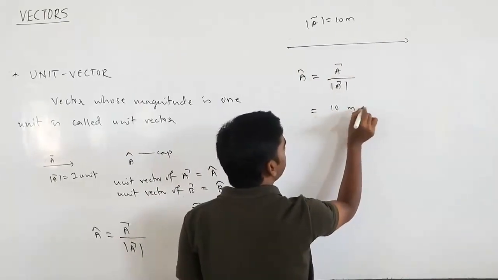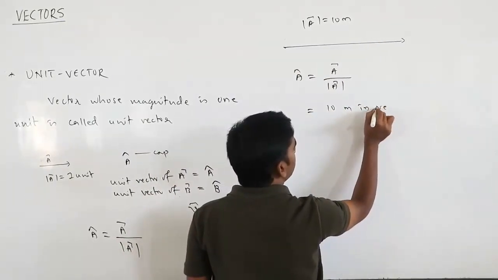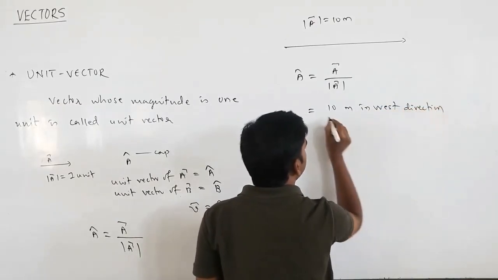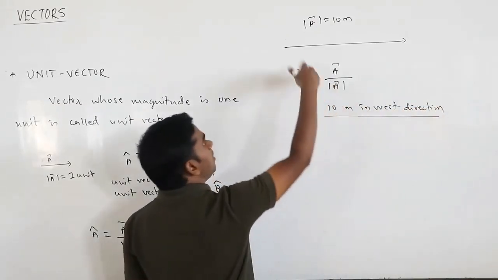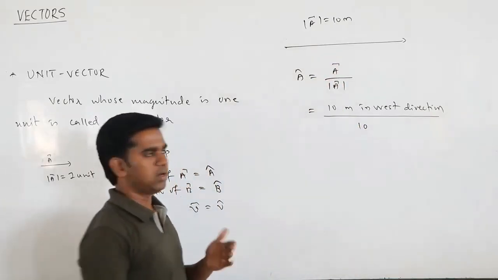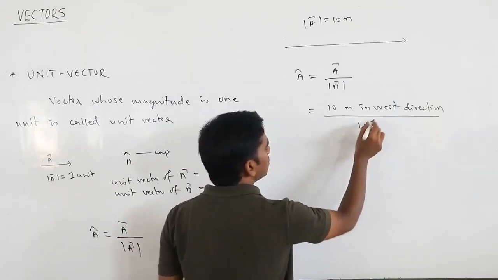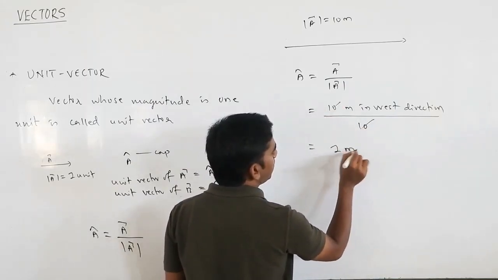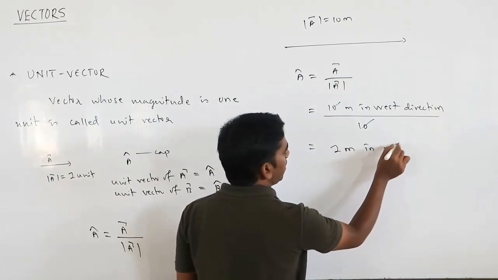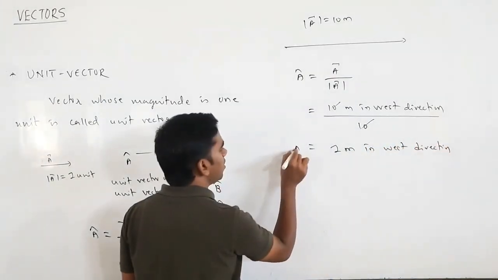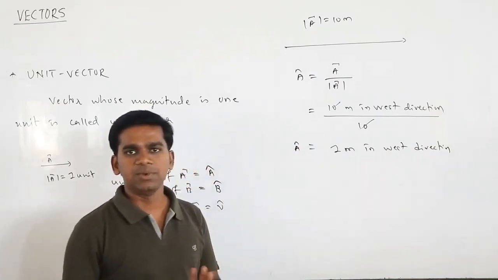Divided by magnitude of A, which is only 10, direction not required. So 10 will get cancelled. You will have 1 meter in west direction. This is going to be the unit vector. I hope you are getting.